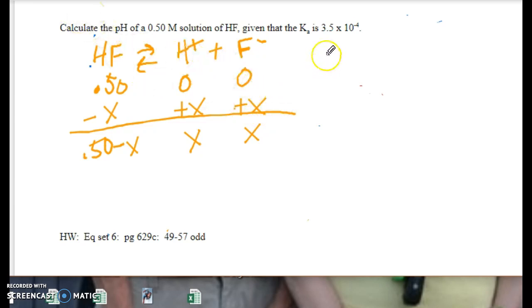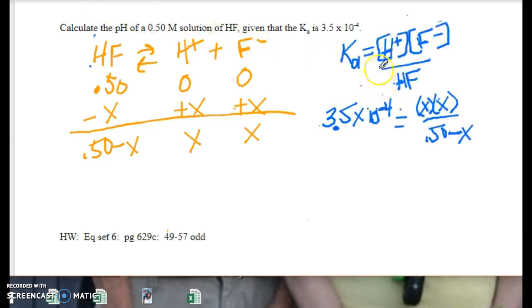And you're just going to set this up into your Ka expression. So just like any other equilibrium, it's products over reactants, so that's your basic equation, and then you're just substituting your values in. So this x value here is very small since we have a 10 to the negative 4th exponent. Okay, this is 10 to the minus 1, so there's 3 powers there, so we can drop that and just solve for x squared.